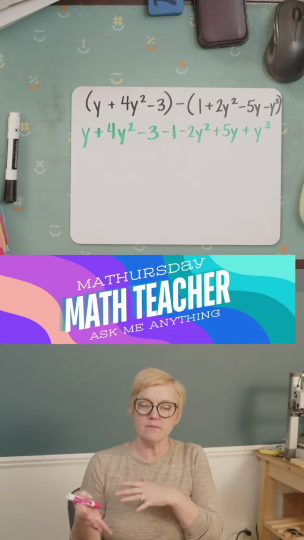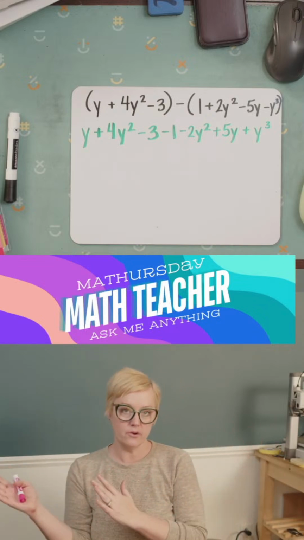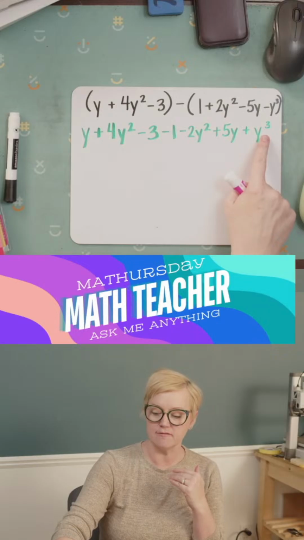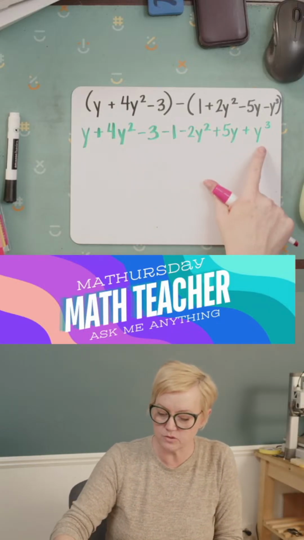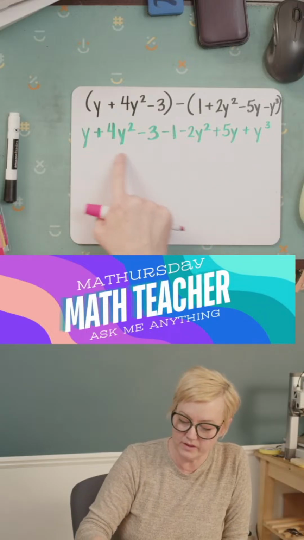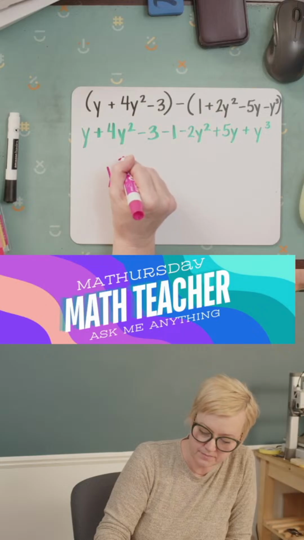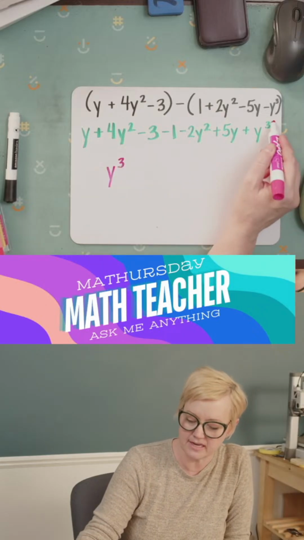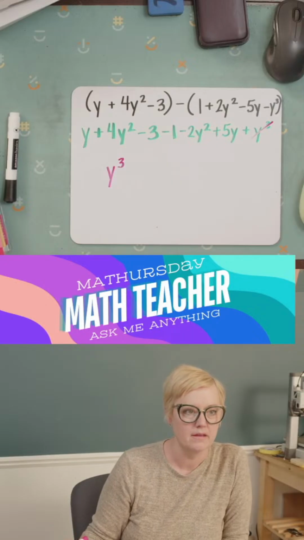When we write something in standard form, we go from the highest degree to the lowest degree, and the degree is just the value of the exponent. My highest degree here is y cubed, the only y cubed I have, so that's my first term. I like to cross them off as I go.